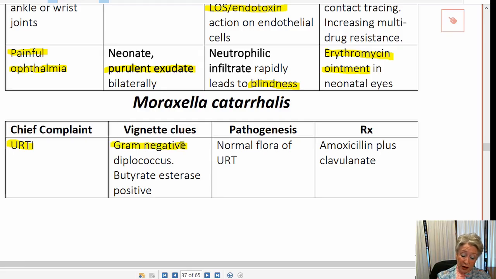It looks exactly like its cousins, but it's distinguished by an enzyme test for butyrate esterase, which is a very rapid biochemical diagnostic. It's normal flora, and it can cause upper respiratory tract infection, generally pretty minor. We treat with amoxicillin and clavulanate.